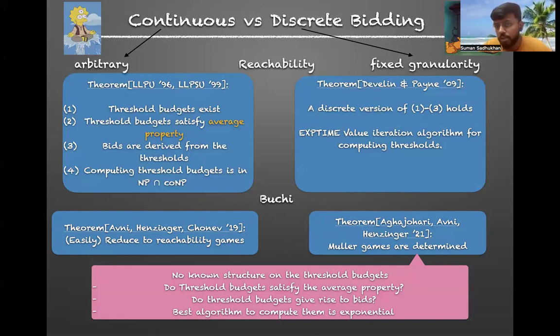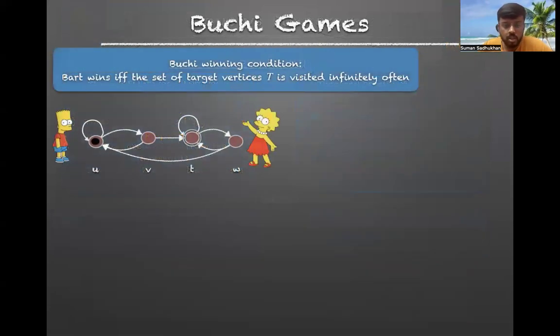We wanted to study infinite duration objectives in discrete bidding games, and we wanted to know whether threshold budget has some structure there, like the other bidding games, and how efficiently we can compute the threshold budgets, and whether from the threshold budgets we can see the optimal bids or not. So these were the problems that are the content of the first work.